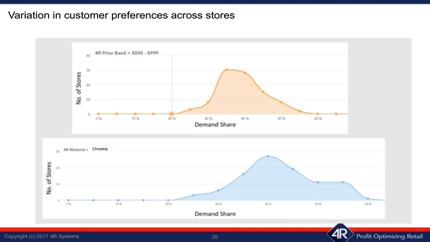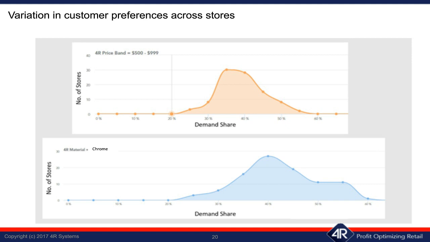Variation is obviously something that you want to measure across these different stores. And as you can see here, the patterns of the stores and the demand shares across them vary radically. And this concept is one that you can use to then determine how many clusters you want to have.